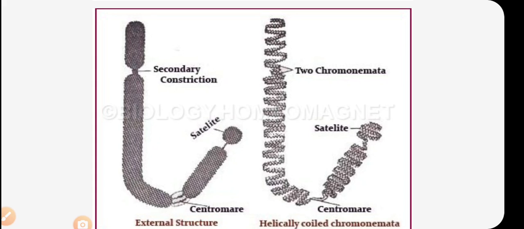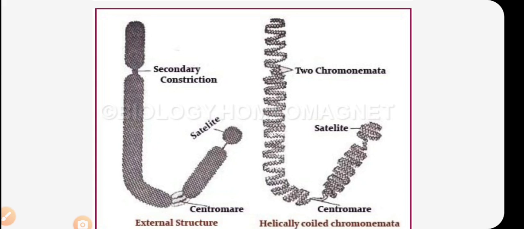After interphase, whenever the cell enters the division phase, the M phase, the chromosome slowly condenses to appear very clearly. This condensed form of the chromosome is known as chromatid. So chromonemata and chromatid are synonyms for the same structure, the chromosome.